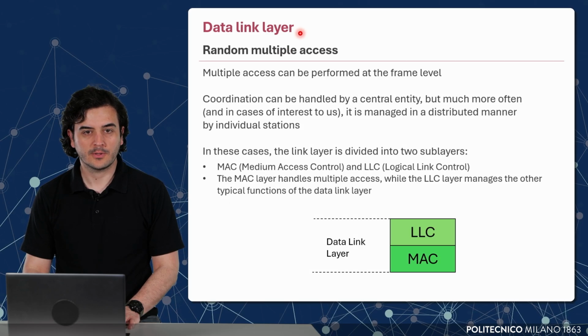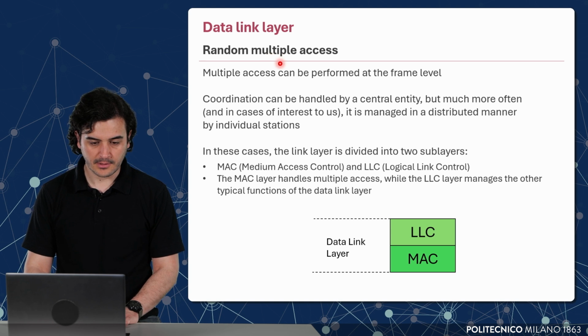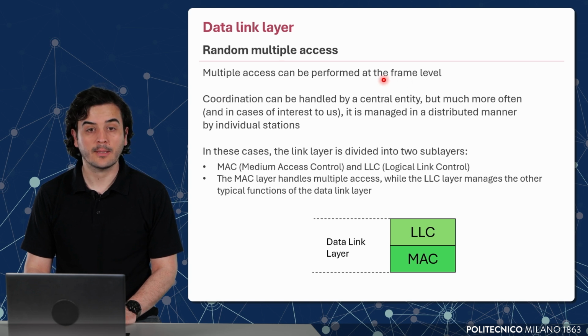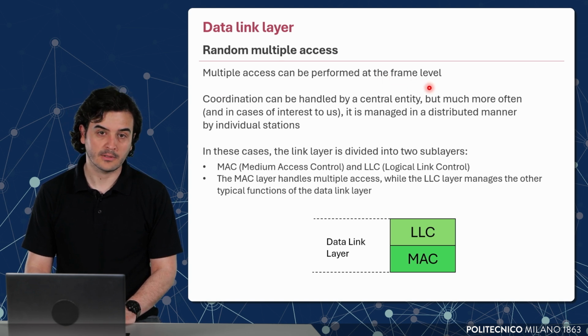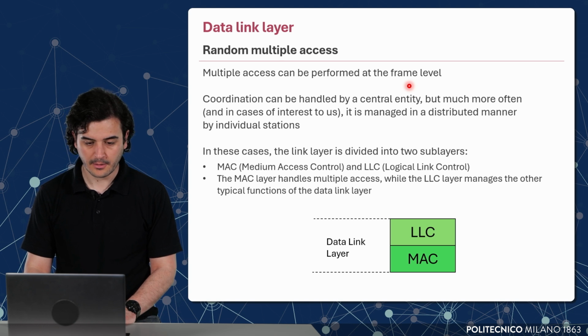One of the problems pertinent to the data link layer is allowing access to the resources to multiple users. We refer to this as multiple access. In fact, this multiple access can be performed at the frame level, so it can be performed at the data link layer.